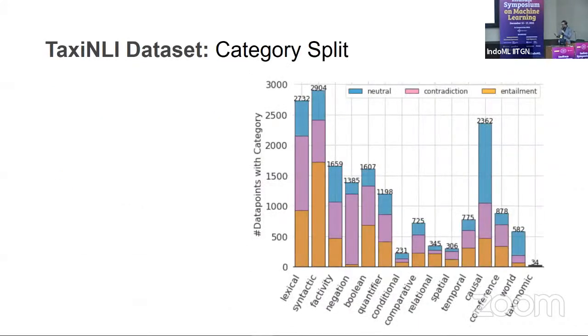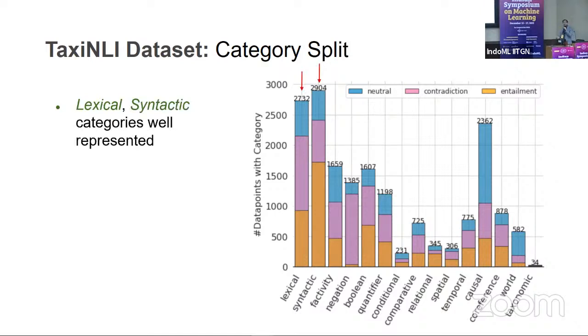In TaxiNLI, what we saw was more or less understandable, right? But we showed it through the dataset and the statistics, basically, that the distribution of MNLI over these reasoning categories is not uniform at all. In fact, the lexical and syntactic categories are very well represented, as you can see from the left-hand side.